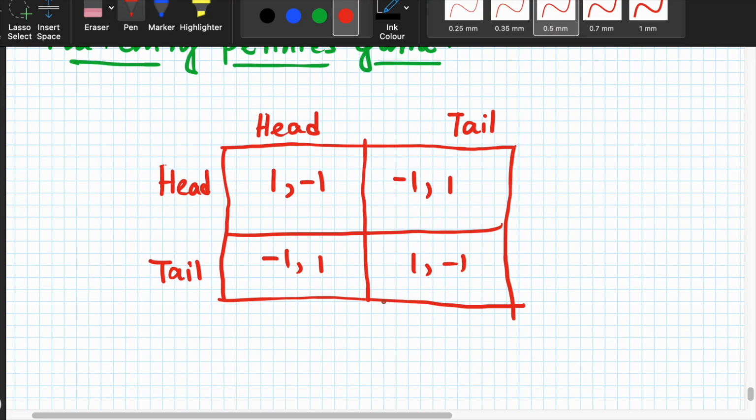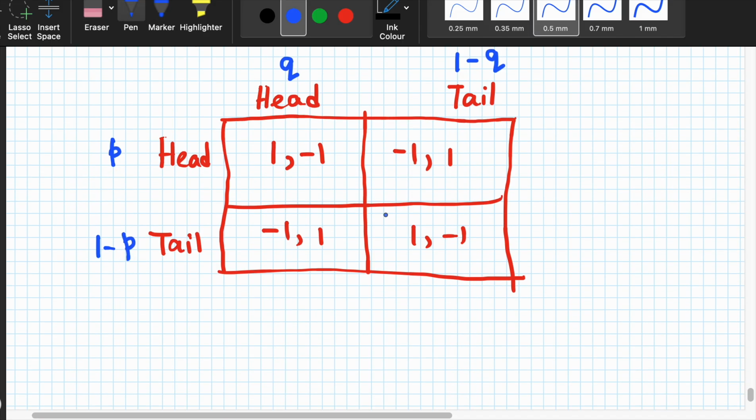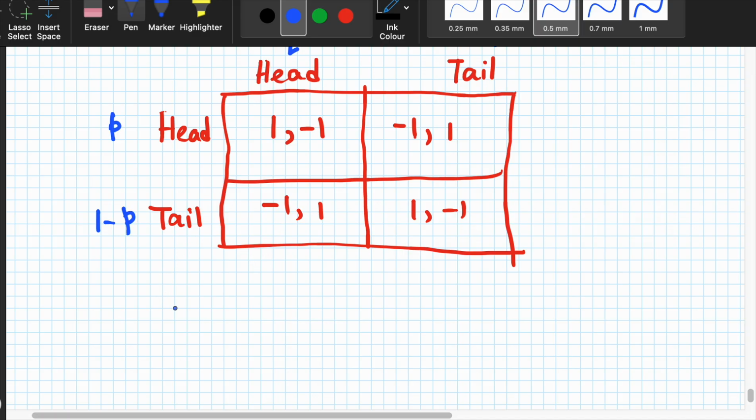Now think about the situation where player 2 plays head with probability q and tail with probability 1 minus q, and player 1 plays head with probability p and tail with probability 1 minus p. Now let's see what the best responses are. What expected utility will player 1 get by playing head?